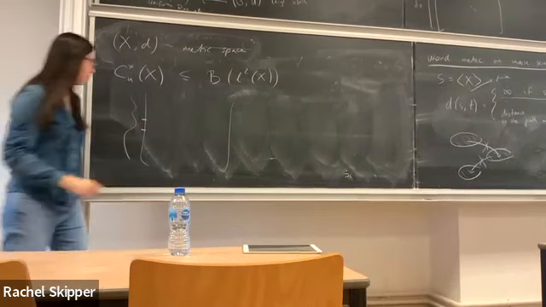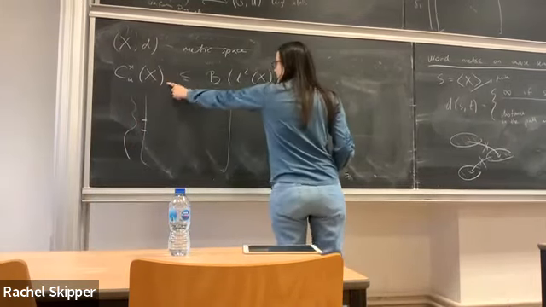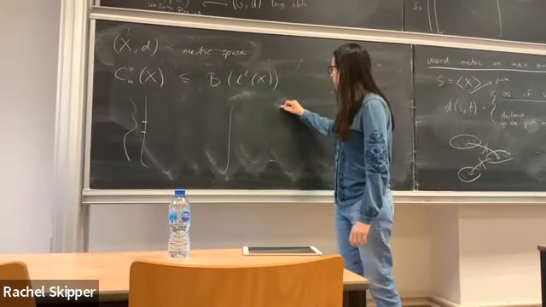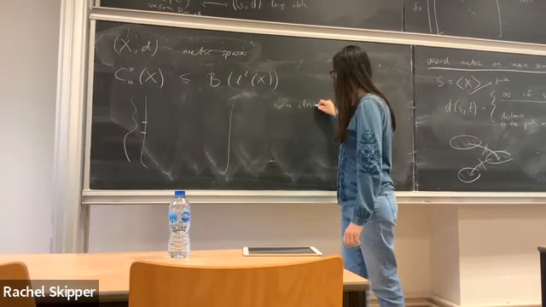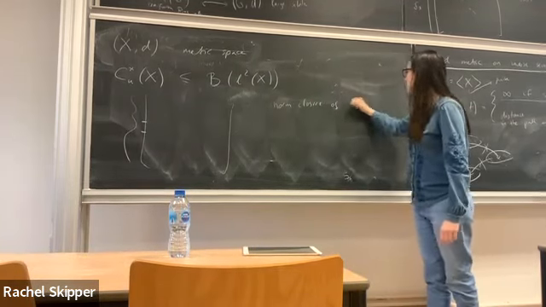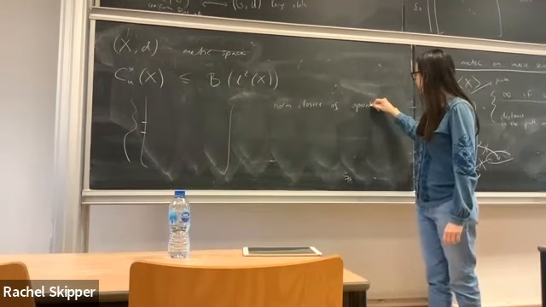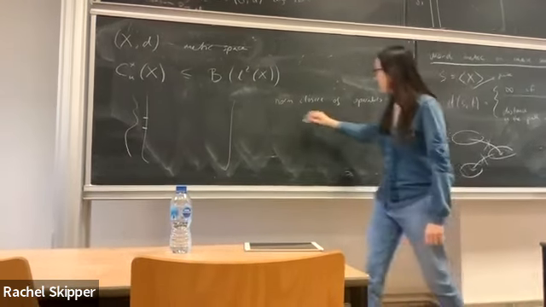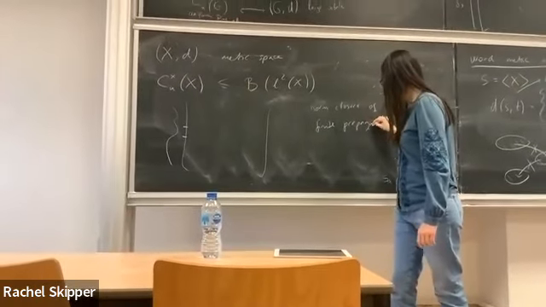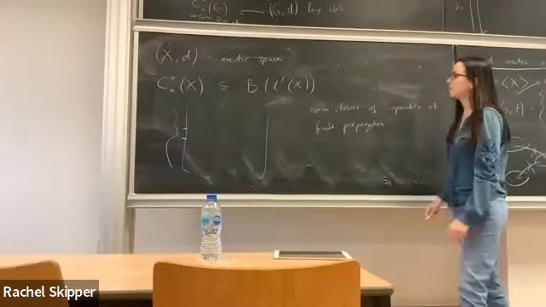In that case, this C-star algebra will be the norm closure of so-called finite propagation operators. And what is a finite propagation operator?